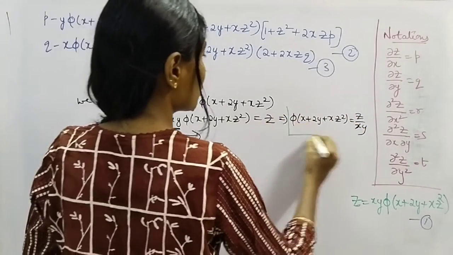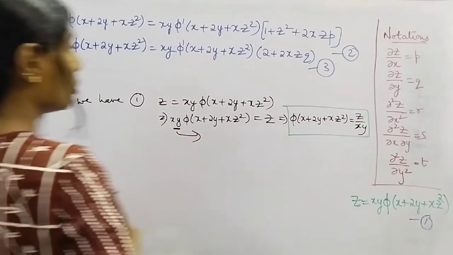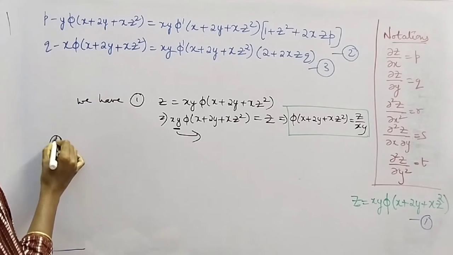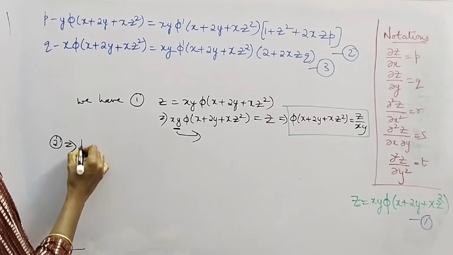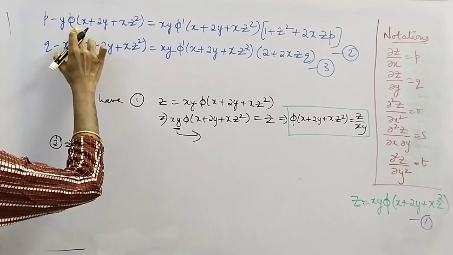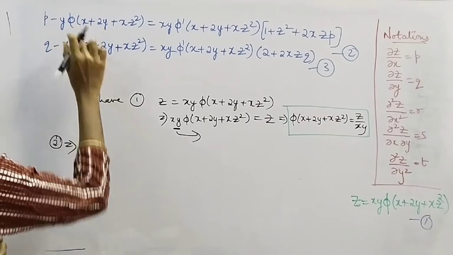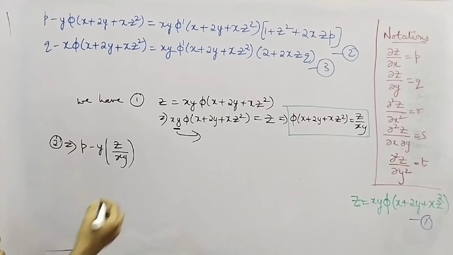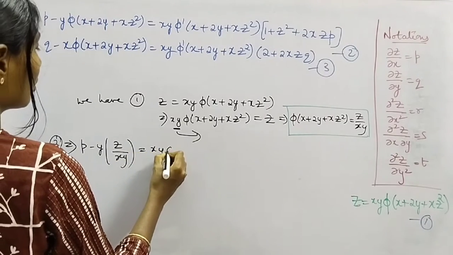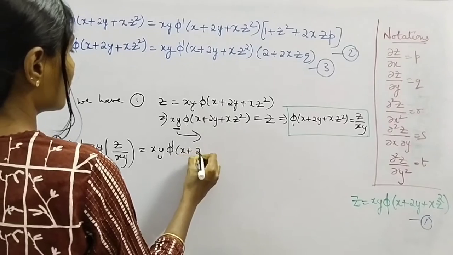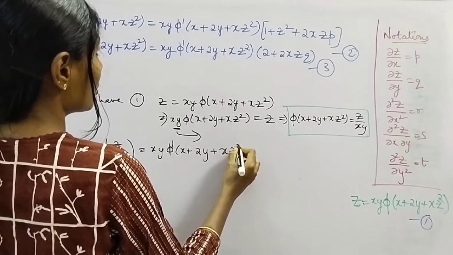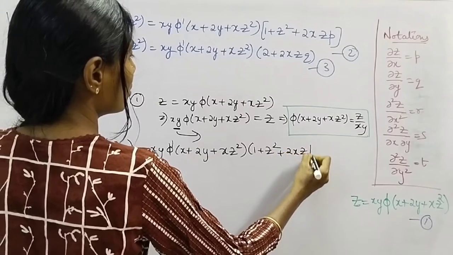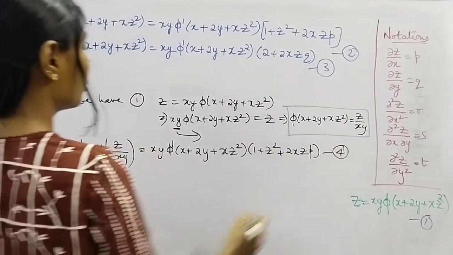Now what we'll do is, with the help of this phi, we'll rewrite 2 and 3. 2 becomes p minus y into, here we have phi, right? Replace this phi by z by xy, okay? Equal to xy phi dash of x plus 2y plus xz square into 1 plus z square plus 2xzp. Consider as equation number 4.